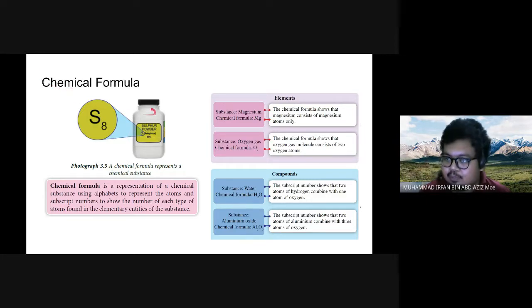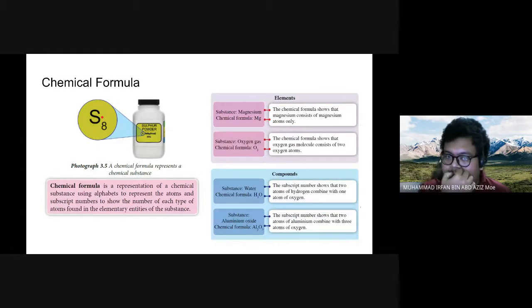Alright, so dalam this, for example in sulfur powder, we know that S adalah symbol for sulfur. And then 8 it means in that dia punya composition of atom consists of 8 sulfur, ni dia punya chemical structure dia.